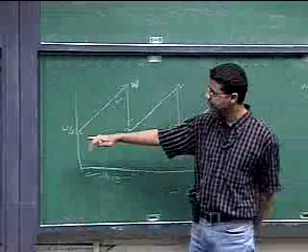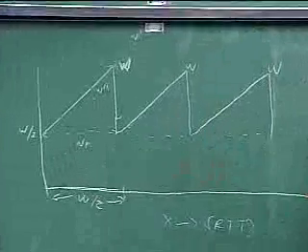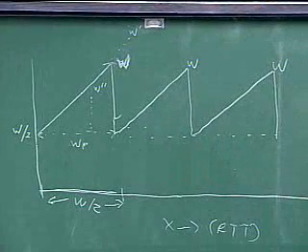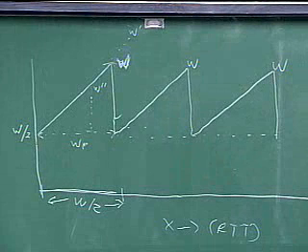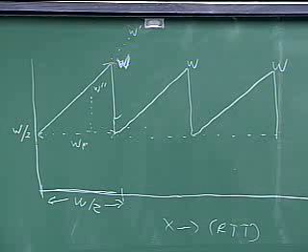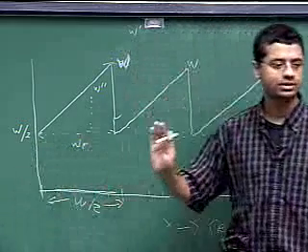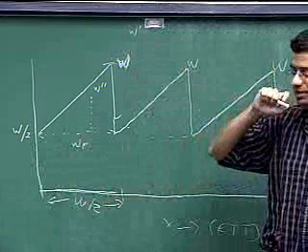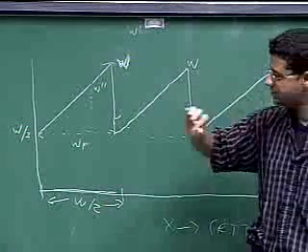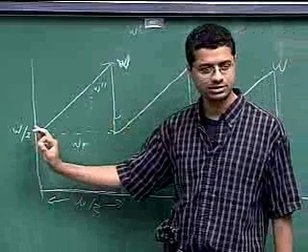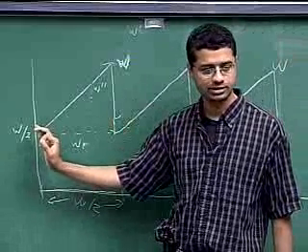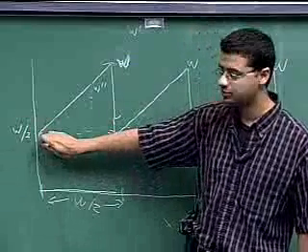Now, in this interval, how many packets are being transmitted? In every round trip time, the number of packets that get transmitted, or the window that gets transmitted, is the current window size. Okay? So in the first round trip time, W over 2 packets will get transmitted.